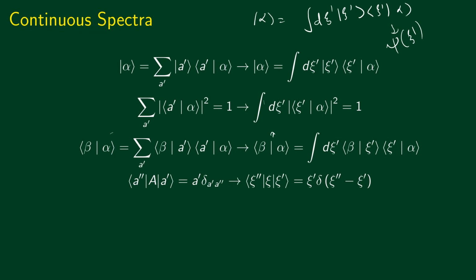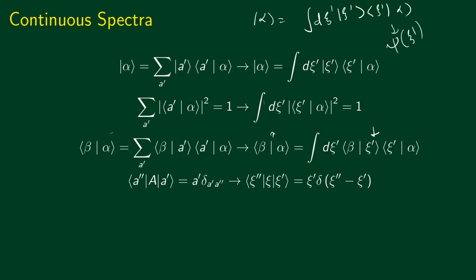If you have studied wave mechanics, you might immediately recognize terms like this. You might have seen terms like phi star of x, psi of x dx. So these are scalar products of this form, written out in a particular basis.